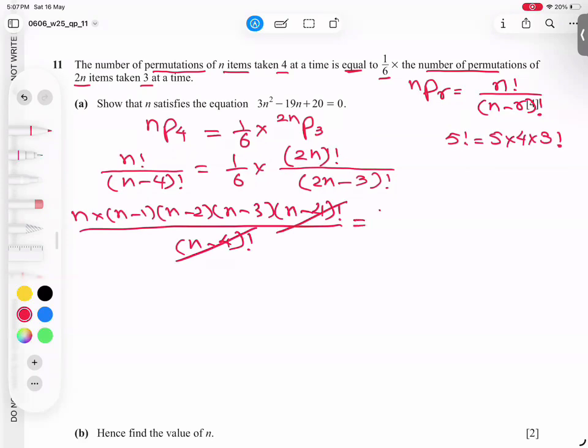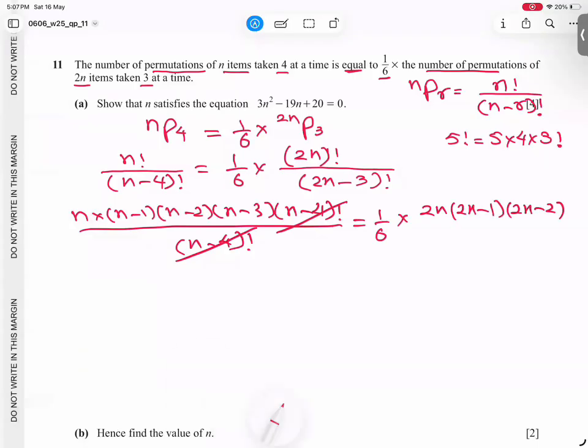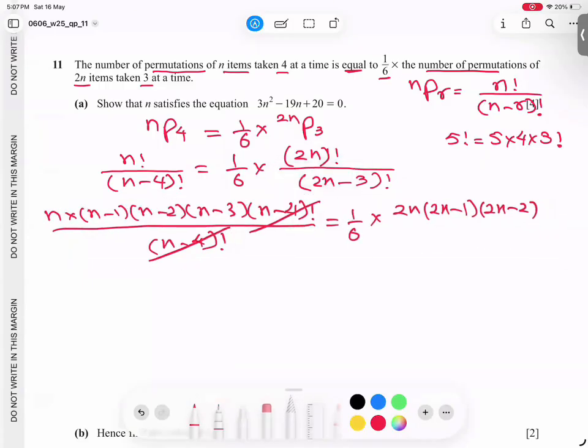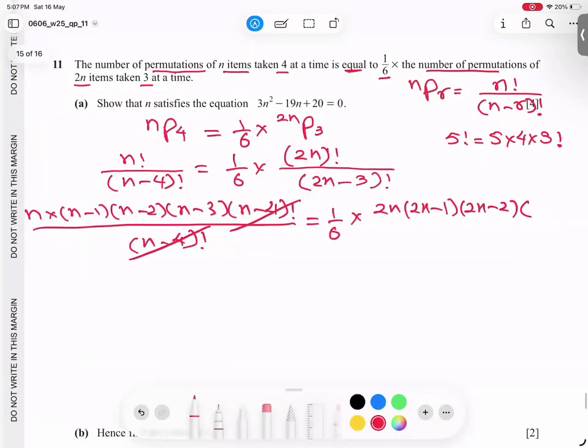On the other side, 1/6. What is above? 2n, 1 less 2n minus 1, 1 less 2n minus 2. And now space is a problem, so I make it 1 more less, 2n minus 3, and put a factorial here, and this value will cancel automatically.